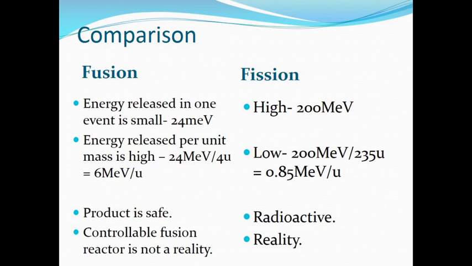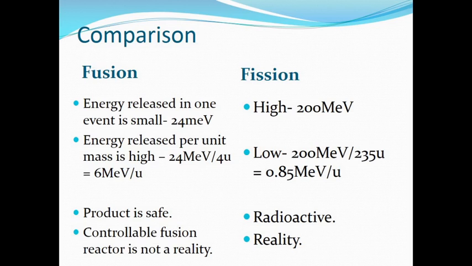Only 24 MeV of energy is released in one fusion reaction. But the energy released per unit mass, that means the energy released divided by the mass, is higher in the case of fusion than fission.